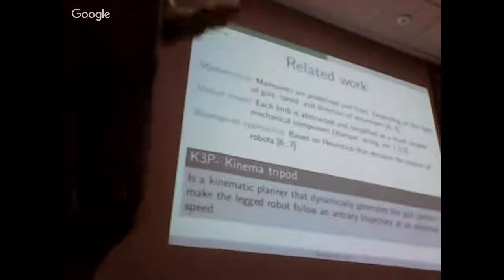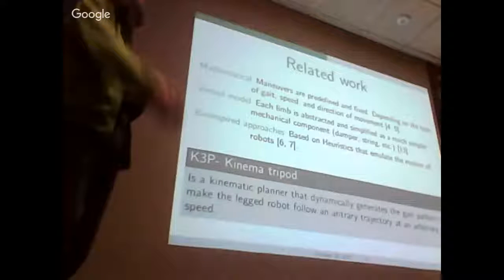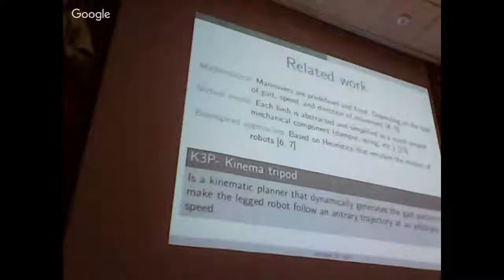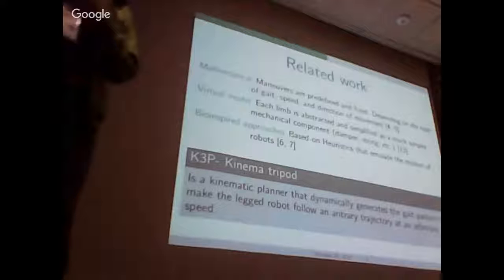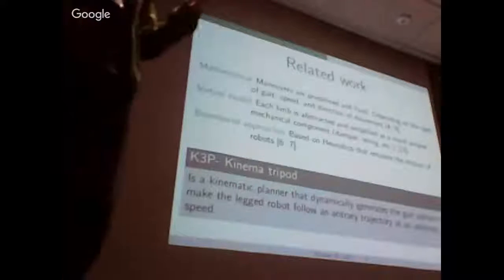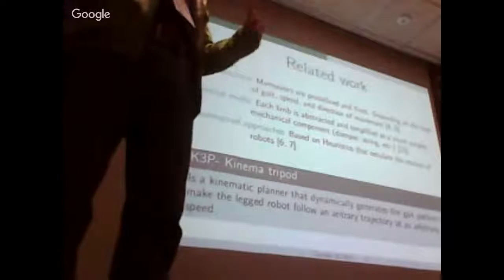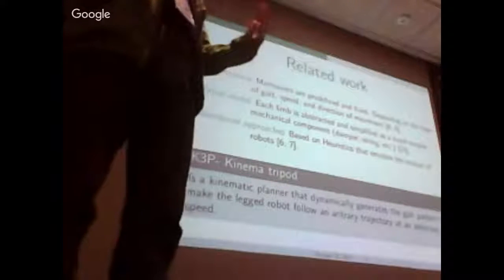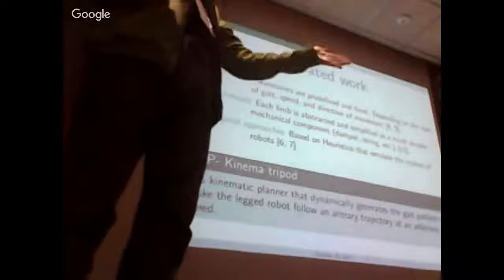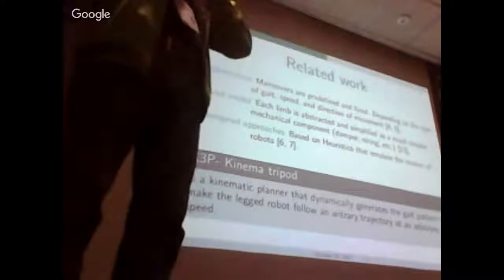And there are also other approaches to create this locomotion pattern. There are mathematical approaches where the gait cycles are fixed, so the end result is a static pattern that can be repeated when moving forward or turning to one side.